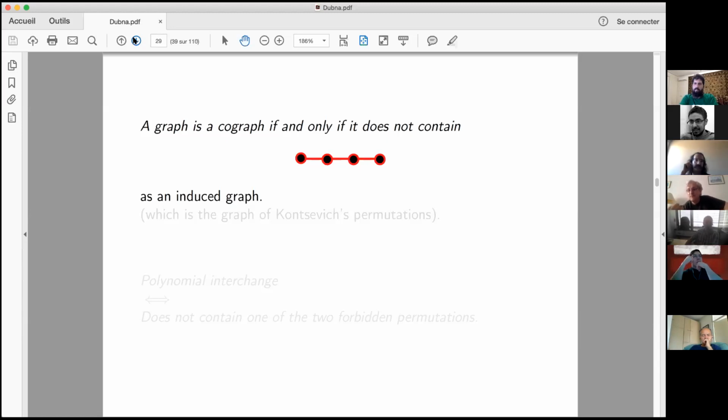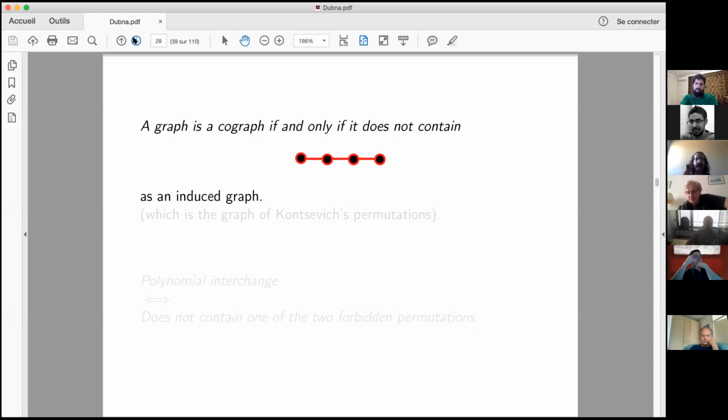So that's the key point. I remind you that an induced subgraph is a graph for which the distances between vertices are the same. So you should find 4 vertices for which the distance between the 2 endpoints is 3. So that's an exercise.